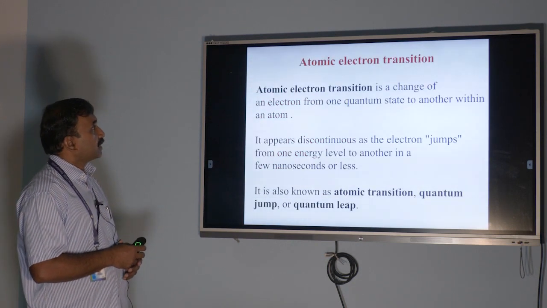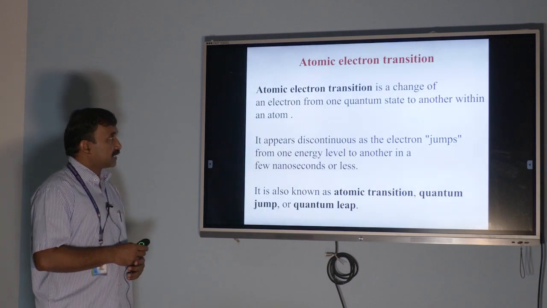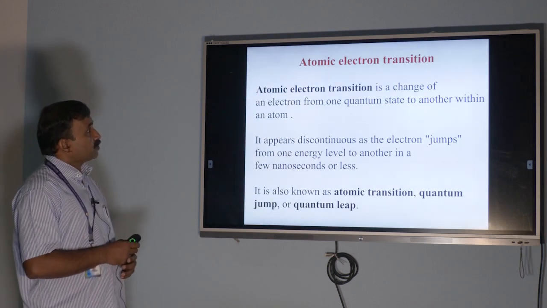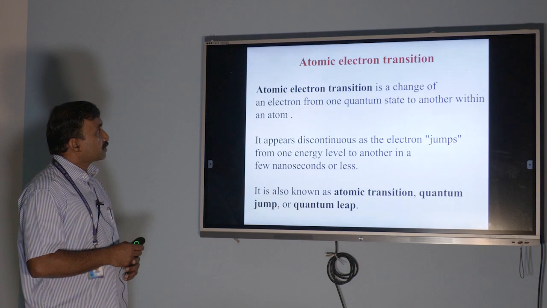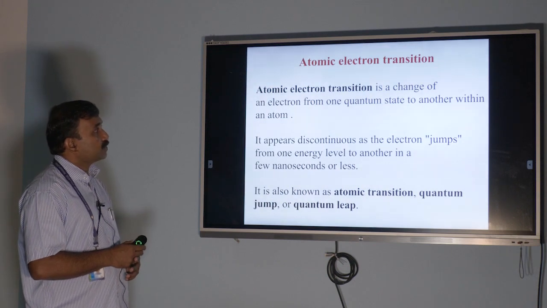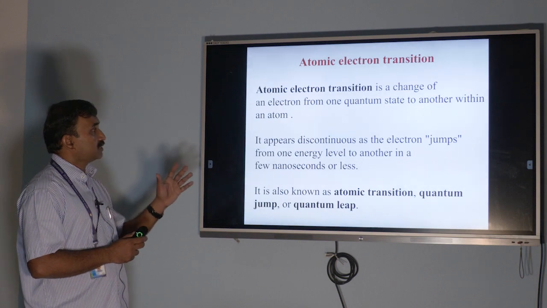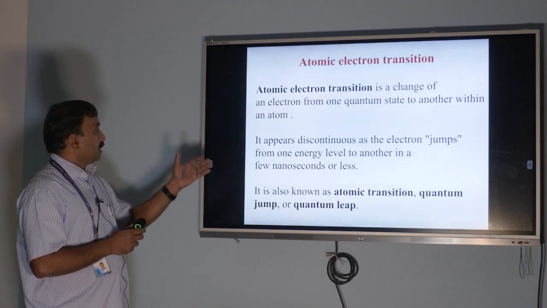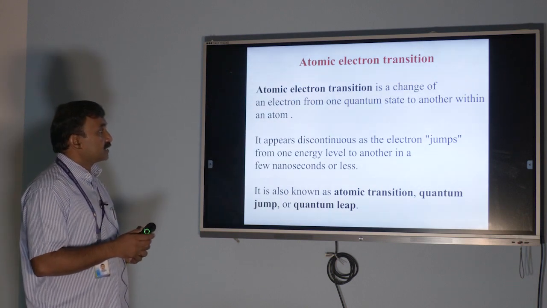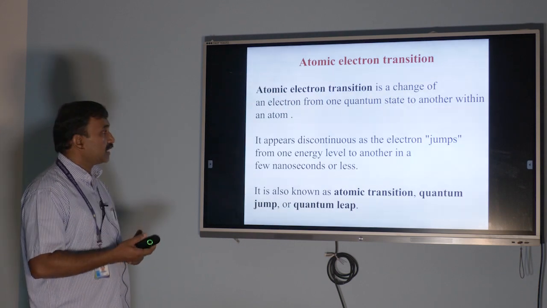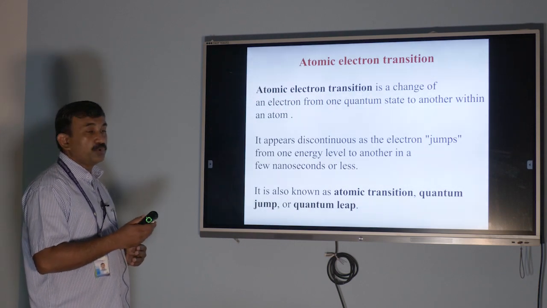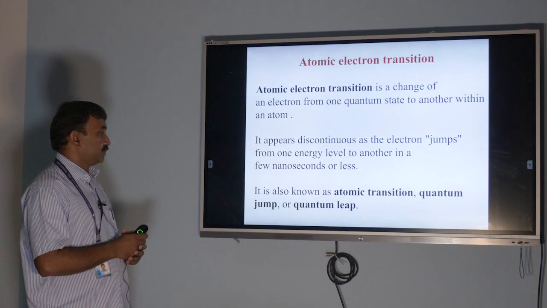Coming to atomic electron transition. Atomic electron transition is a change of an electron from one quantum state to another within an atom. So this happens within an atom. It appears discontinuous as the electron jumps from one energy level to another in a few nanoseconds or less.